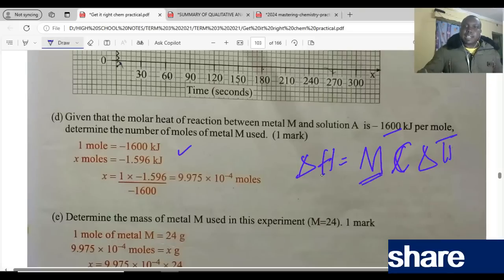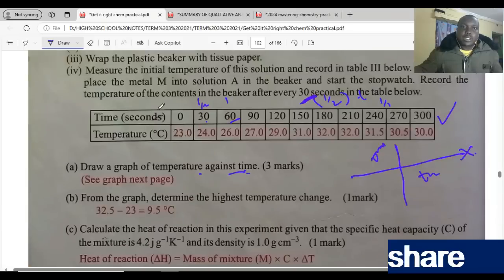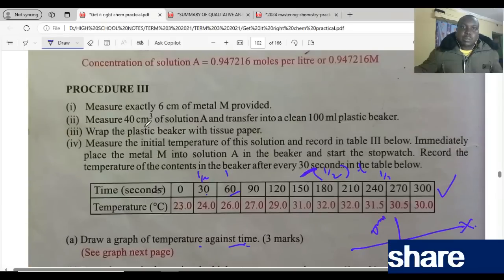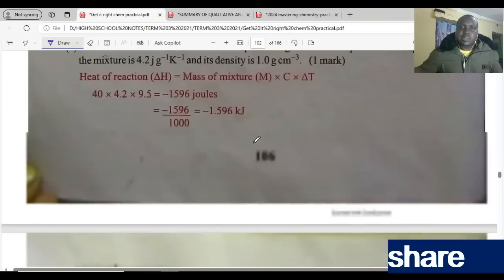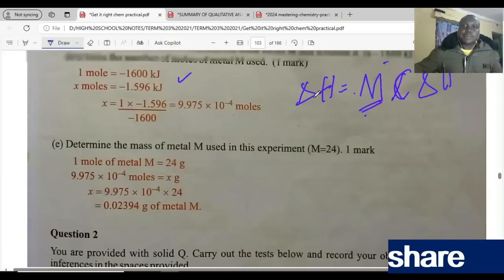So this mass, you convert from grams to kilograms. Like here, the solution we used, this is the mass of the solution. Our solution was 40 centimeters cube. 40 centimeters cube is the same as 40 grams. Why? Because the density is 1 gram.